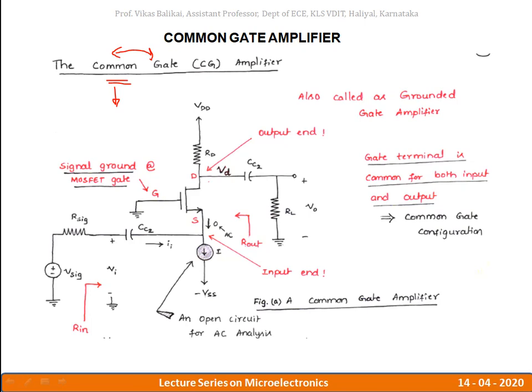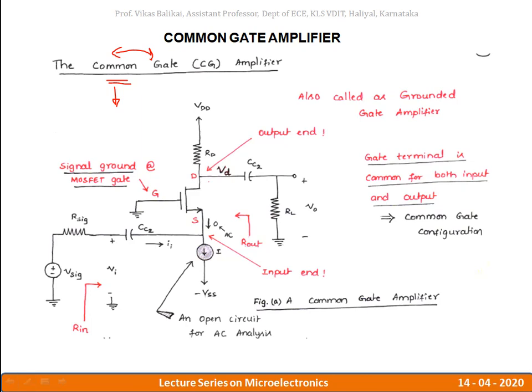Once one of the terminals is grounded, there are only two terminals remaining. One is the source terminal, the other is the drain terminal, out of which the source terminal I am going to give as a first priority, and I am going to consider that terminal as the input terminal, and the remaining third terminal, which will be my drain terminal, will be acting as my output terminal.